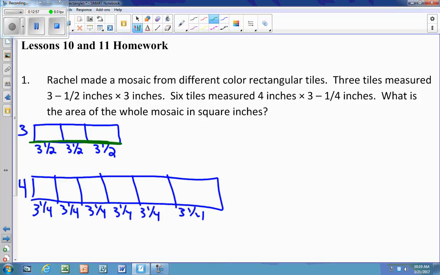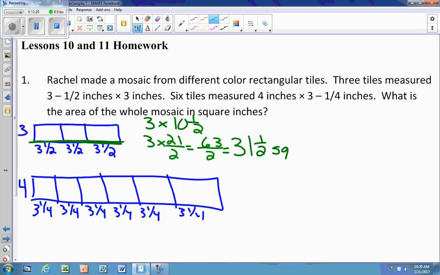And when I add this all up right here, I get 10 1/2. So to figure out the area of this, I'm going to do 3 times 10 1/2. Turn it into an improper fraction. Comes out to 31 1/2 square inches.